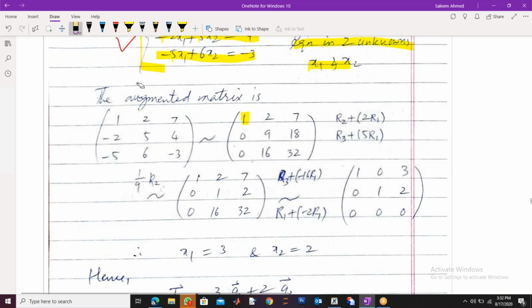I will use this pivot element to make these two entries, minus 2 and minus 5, 0. So what I will do, R2 plus 2 R1 and R3 plus 5 R1. You will not get this step unless you practice these row operations. If you do not practice the row operations, it will remain a very hard question. With a little practice of row operations, you can make it very easy.